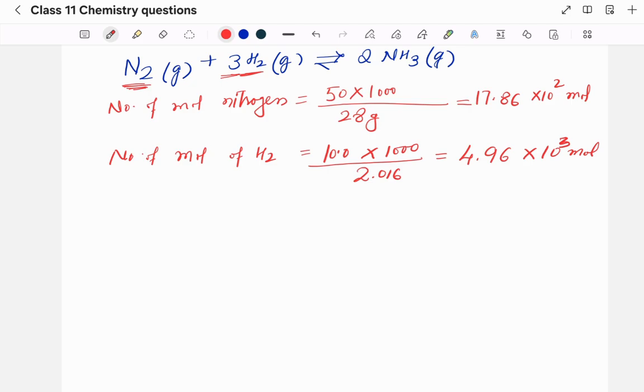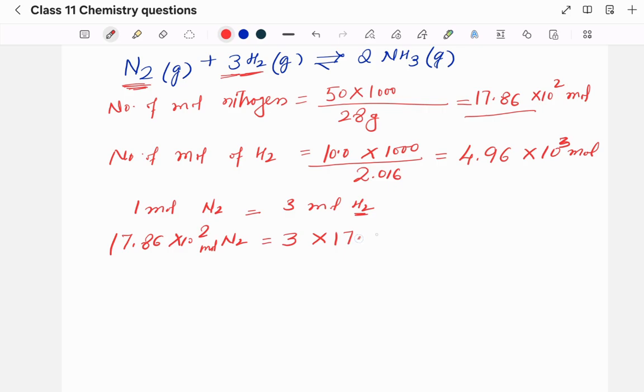Then, from the above equation, we know that 1 mole of nitrogen combines with 3 moles of hydrogen. The number of moles of nitrogen given is 17.86 into 10 raised to power 2. So how many moles of hydrogen will this convert into? 3 into 17.86 into 10 to the power 2 moles of hydrogen.